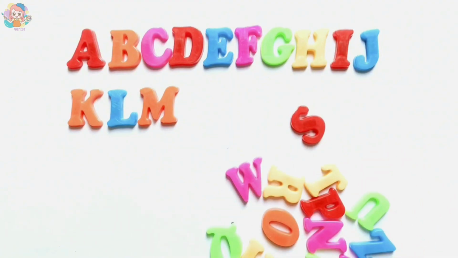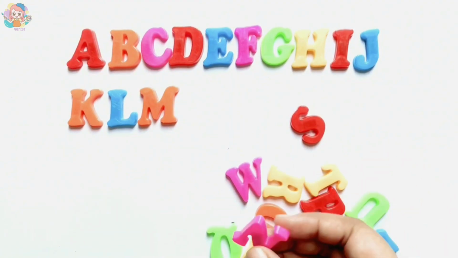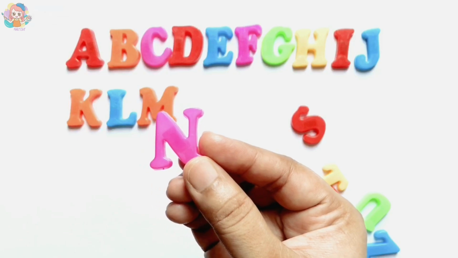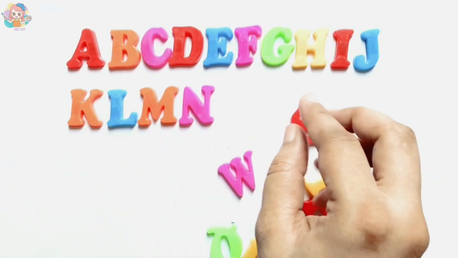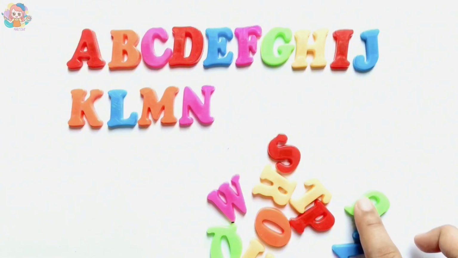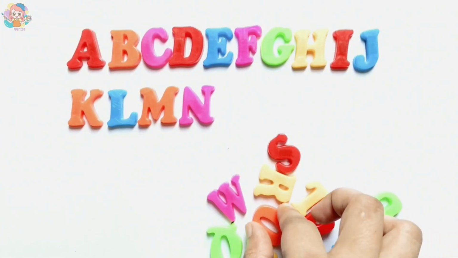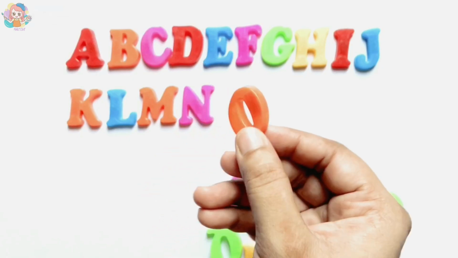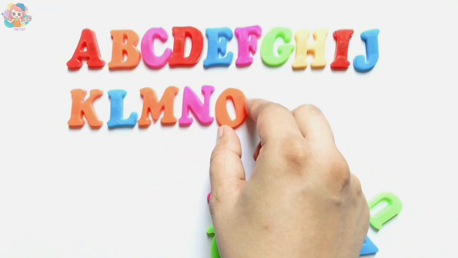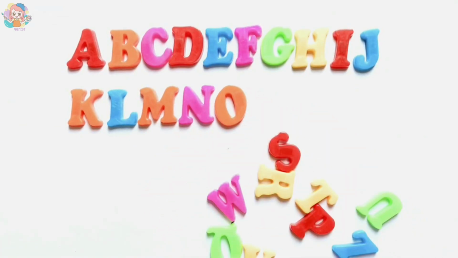Next alphabet N. Where is N? Oh yes, N. N for nest. Next alphabet O. O for orange. And this color, orange.